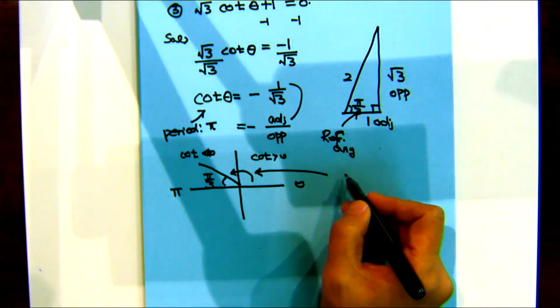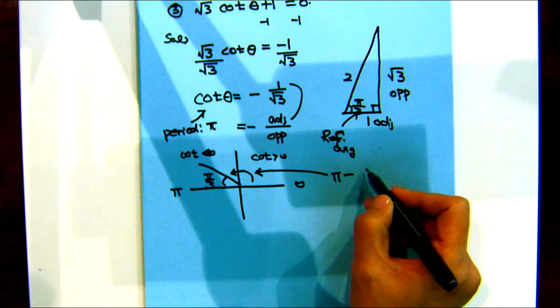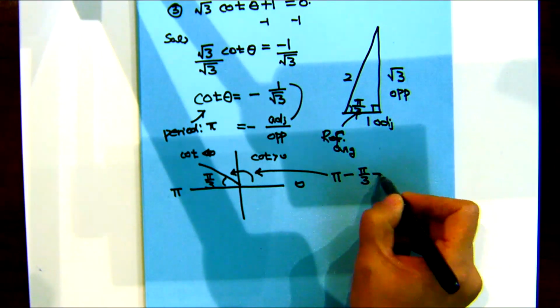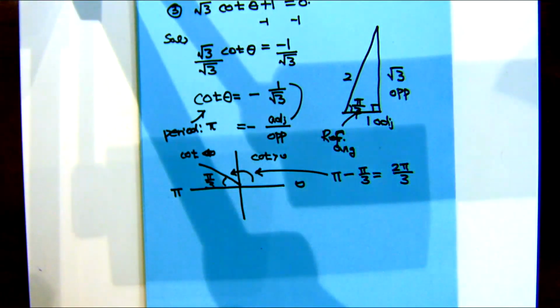And obviously, the angle value is pi minus pi over 3, which is 2 pi over 3, right? So we have 2 pi over 3 within a period.